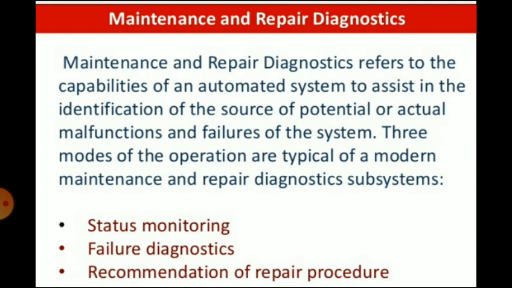So there are three modes of maintenance and repair diagnostics system. First is status monitoring, second failure diagnostics, and third is recommendation of repair procedure.